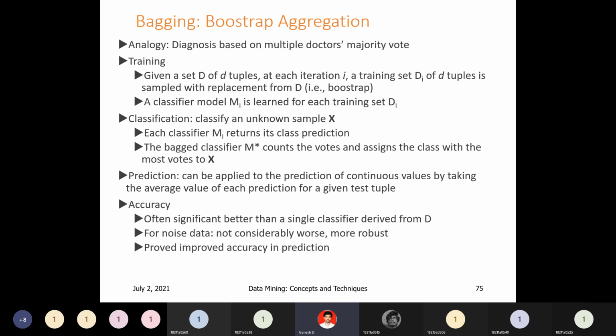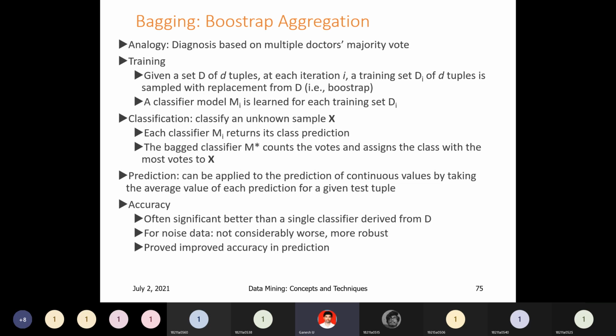From the training set, we have different data sets and different models, and the average of all of them is used to predict the continuous, numerical value using this bagging approach.